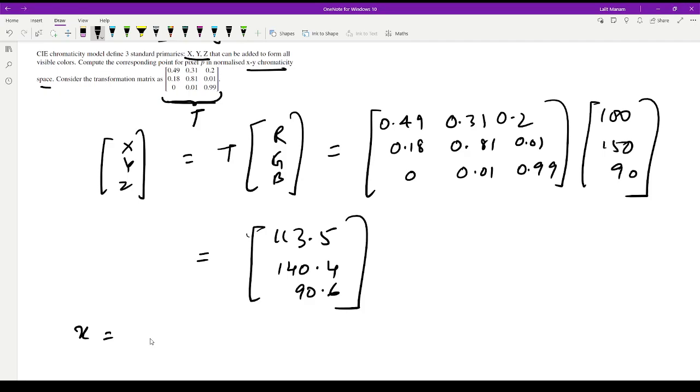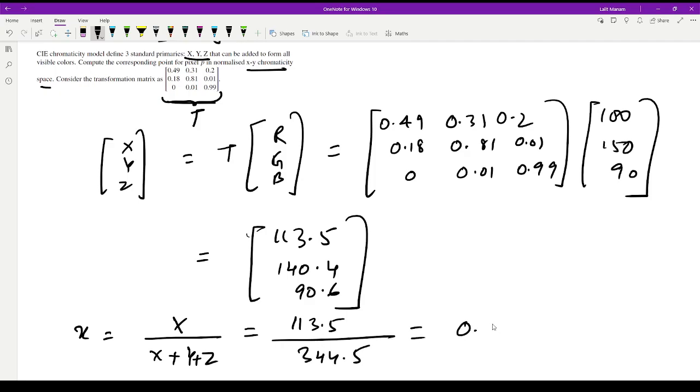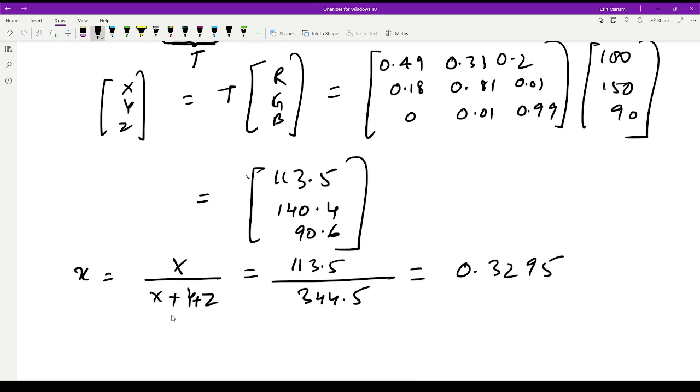Small x is given by... it's just normalization. There's nothing more to it. Normalization with the total sum of all the three channels X, Y, Z. So it turns out to be like this, which gives us approximately this.